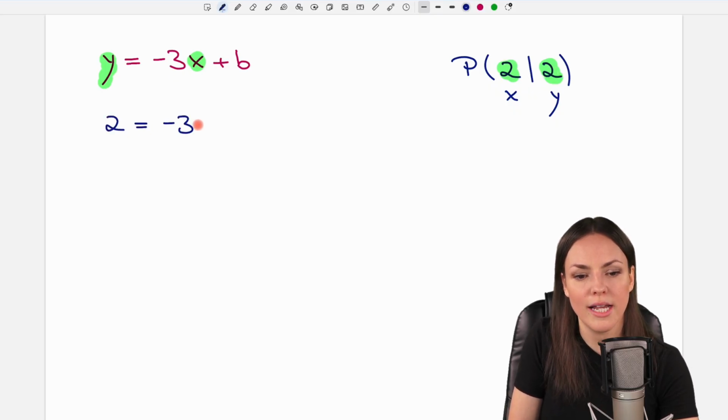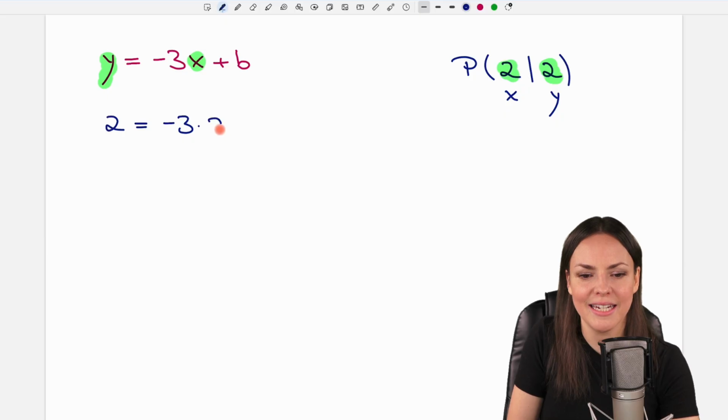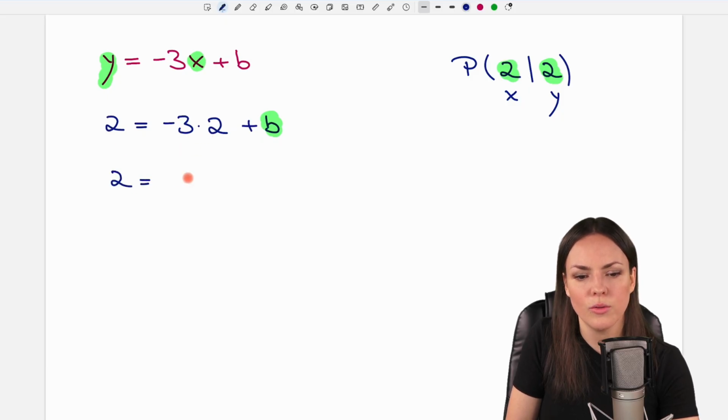We write down the rest, but instead of the x, we take our x coordinate, it's also 2 in this example, and then we have our plus b. And now we just want to solve this equation for b. Let's calculate this first. So we have the 2 here. Negative 3 times 2 equals negative 6 plus b.